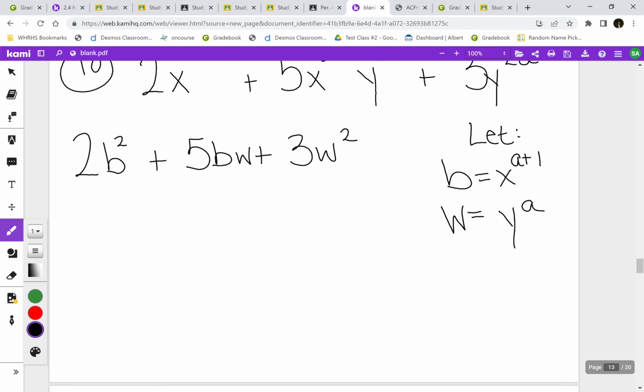Let's factor. I'm going to use guess and check. The only way to multiply to 2b squared is a 2b and a b. And now the only factors of 3w squared are a 3w and a w. Do we agree? Now the question is, where do I put the 3w and where do I put the w?